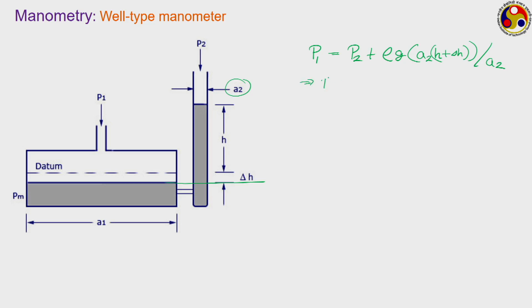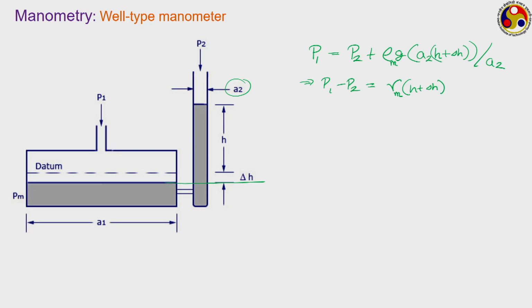Or we can write P1 minus P2 is equal to gamma into (H plus delta H), where gamma is rho into g. Quite commonly we use a subscript m to denote the density of the fluid inside the manometer, the manometric fluid. Similarly, gamma m is the product rho m into g.